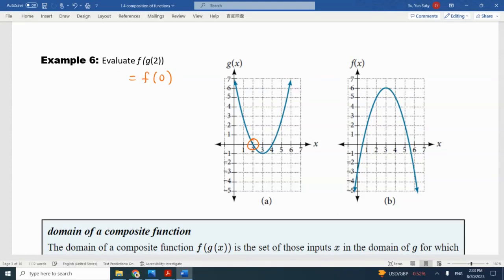Now what is f of 0? Negative 3. Yes, negative 3. Very good.